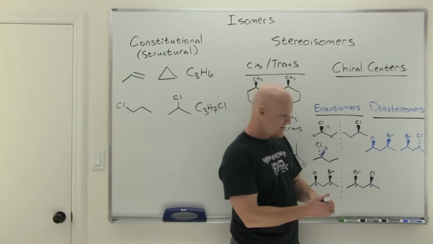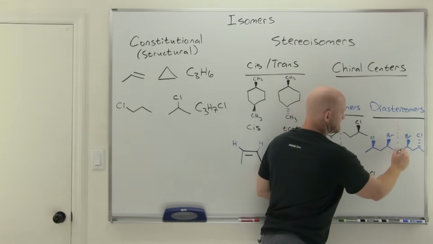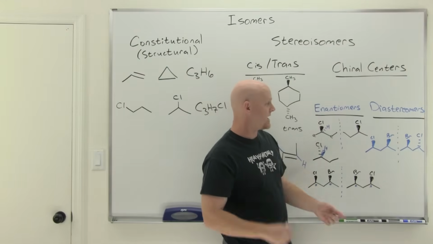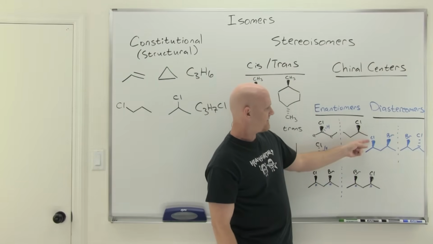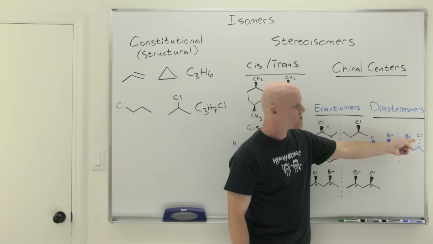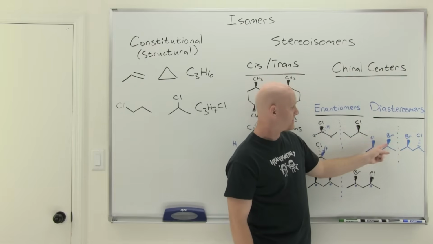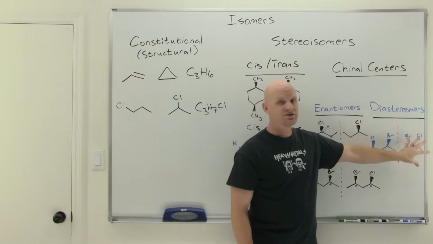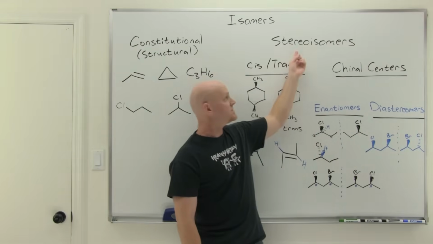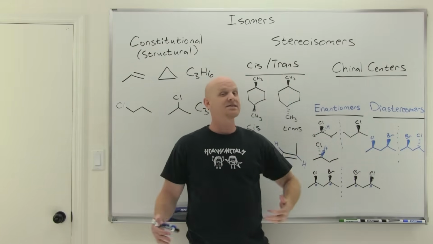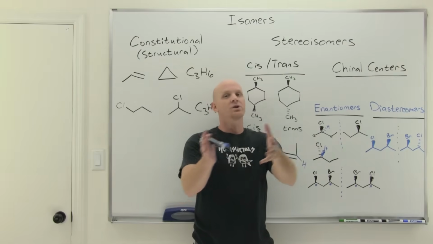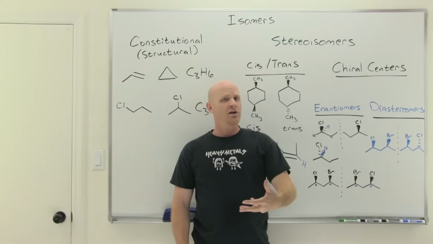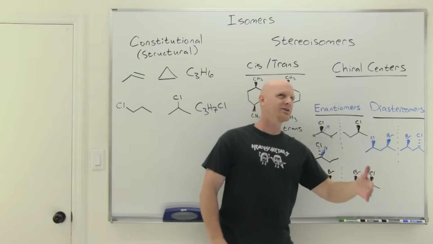But I look and I say, are they mirror images? Because they're lined up in such a way that if they were mirror images, you'd see it right now. However, the reflection of a wedged chlorine should be another wedged chlorine, not a dashed one. Now the bromines look mirrored, but the chlorines don't. So these are not mirror images. So they are stereoisomers that are not mirror images, which means they can't be enantiomers. So then the only other option is diastereomers. And the definition is really non-superimposable, non-mirror images.